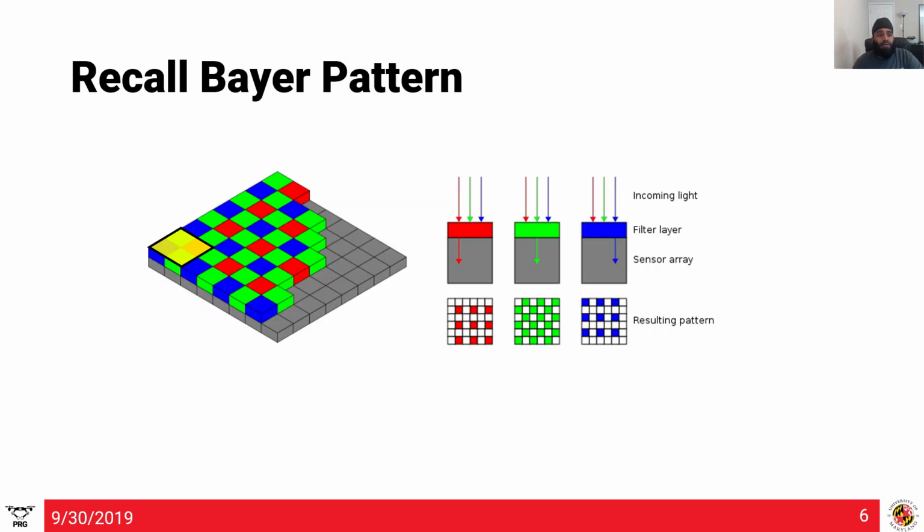Now, if you recall the Bayer pattern, you see this black square blob, right? This blob is basically 1 pixel, and this blob has 2 green elements, 1 blue, and 1 red. These are the filters which only pass red, green, and blue light respectively. So this is what we call 1 pixel, right?